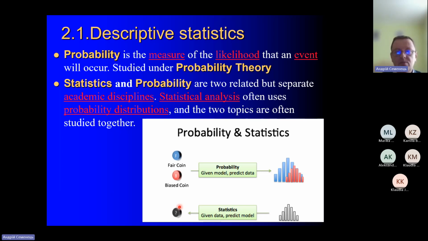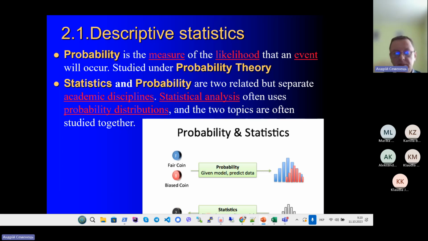The key difference between statistics and probability is shown below in this diagram. In probability, usually we are given a model where some events could happen, and we need to estimate and predict our data.